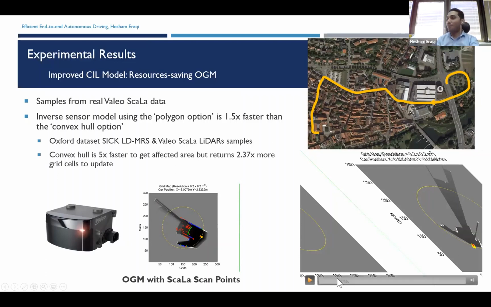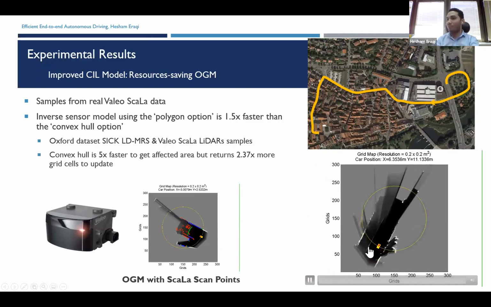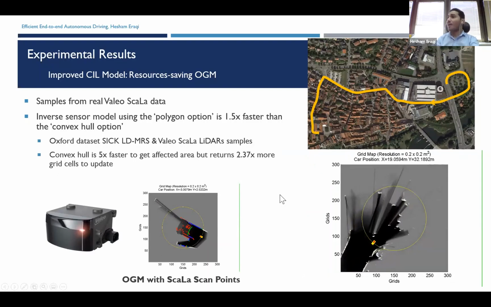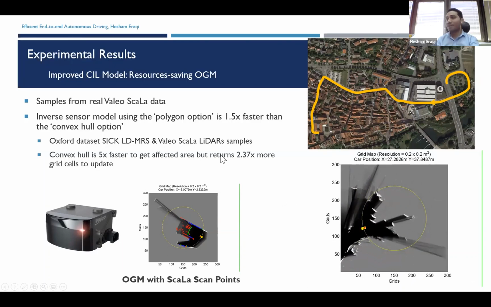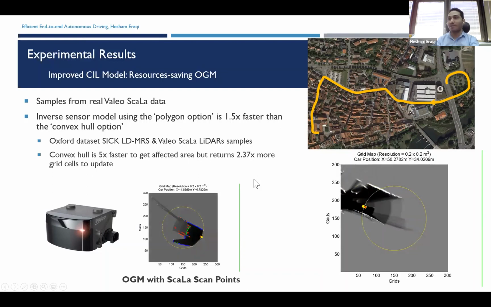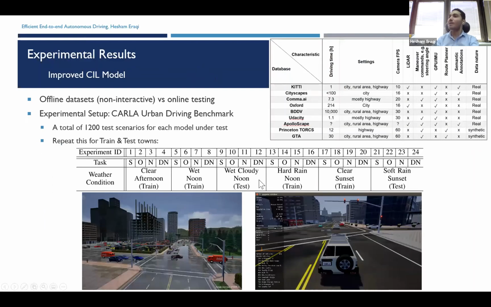These are samples from the occupancy grid map that we produce in action. Also, the analysis regarding the different choices of the algorithm is mentioned in one of our recent publications. Regarding improving the conditional imitation learning approach, we benchmark on the Carla autonomous driving benchmark, which covers lots of weather conditions and different towns.